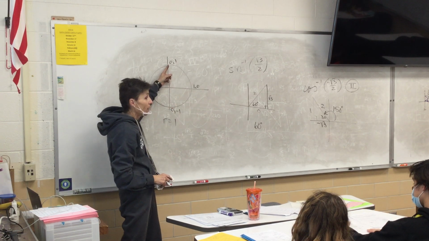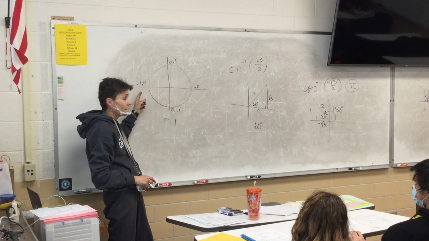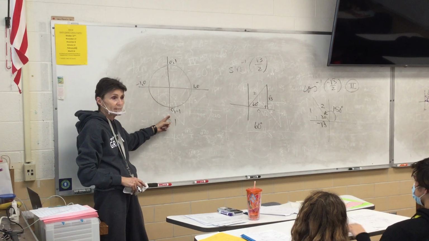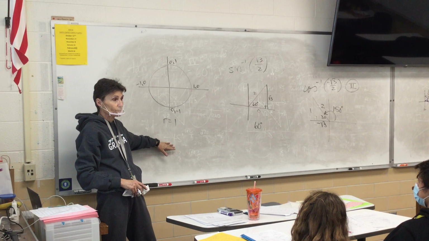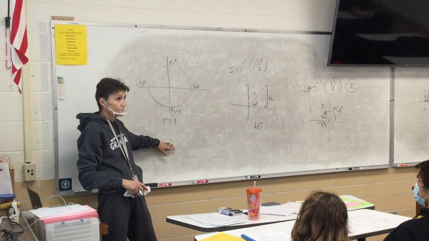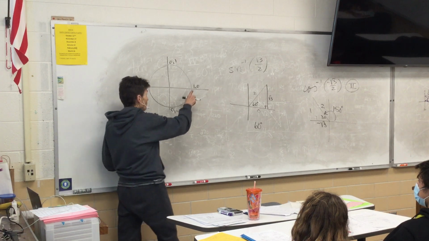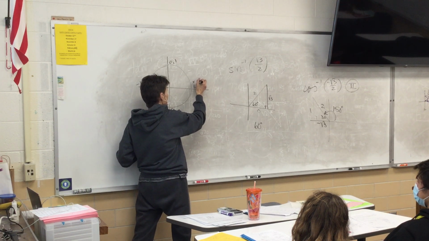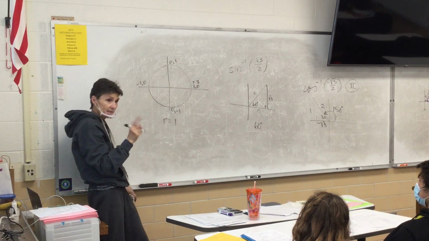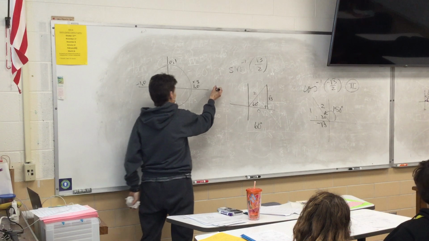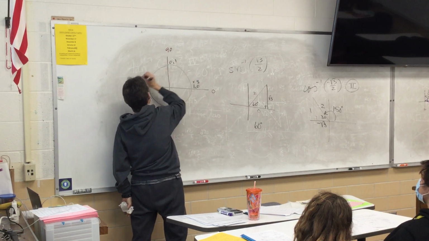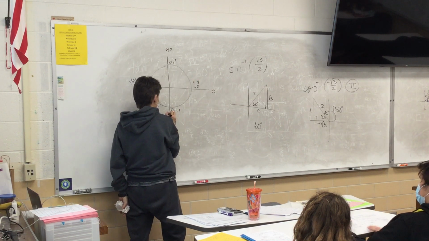I went up 1, I went left 1, I went down 1. It's a circle whose radius is 1. Now remember, the first number in every pair is the x, and the second number in every pair is the y. This is 0, this is 90, 180, 270.